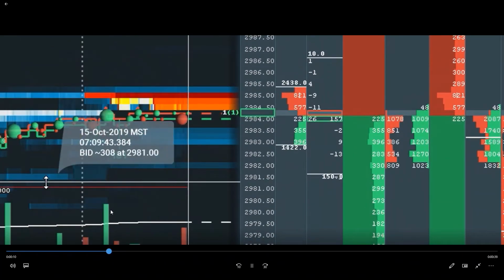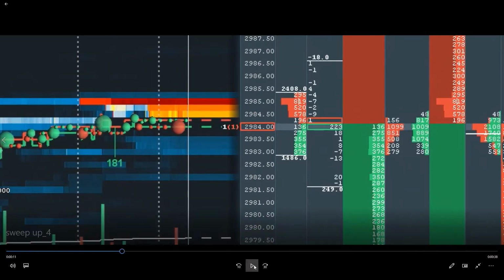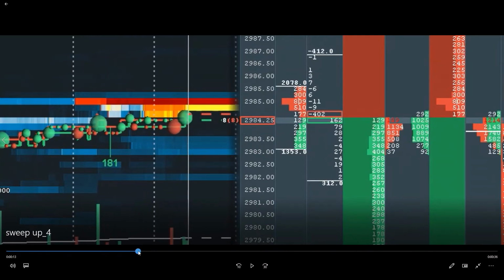A lot of people will be like, well, look how many orders we got there. Let's get in short. Let's see this resistance, let's get in short. But when you look at the volume, what's happening inside, you will see that they want to break it.